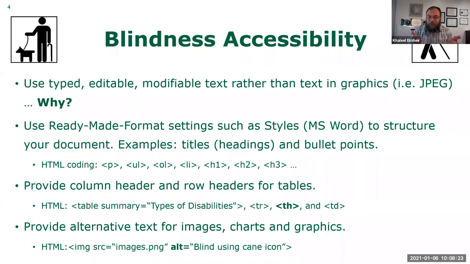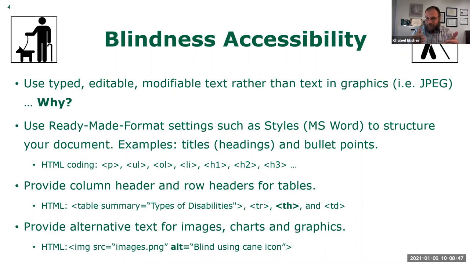Also, these formats can provide the correct code for the screen reader. For example, if you use bullet points or number points, or if you use links or lists, if you use the format, then it will be readable by the screen reader.